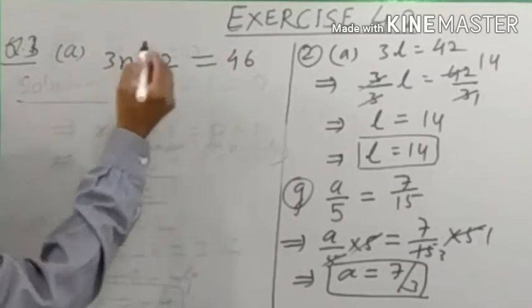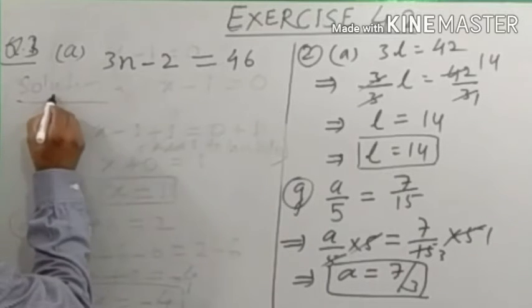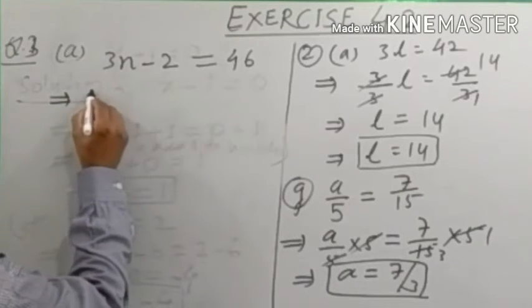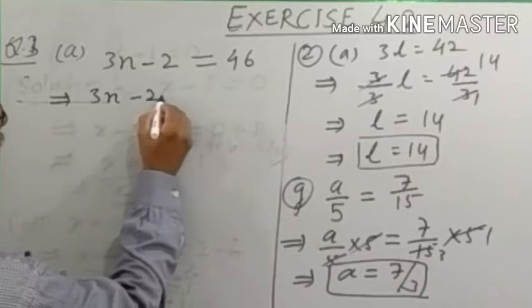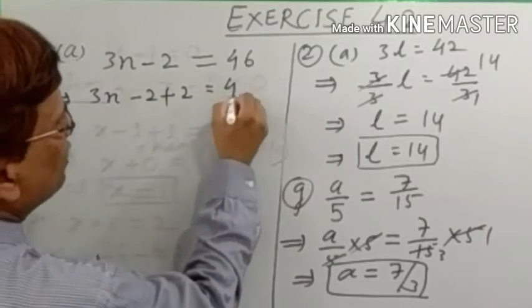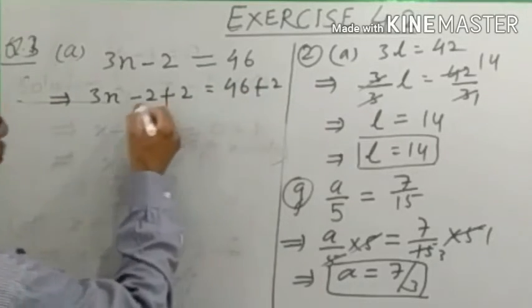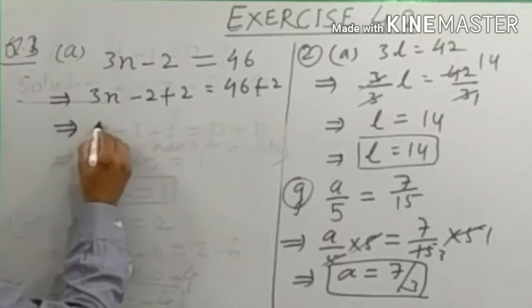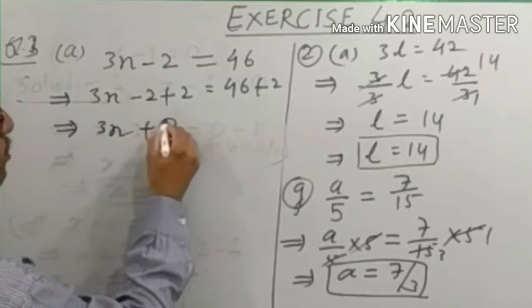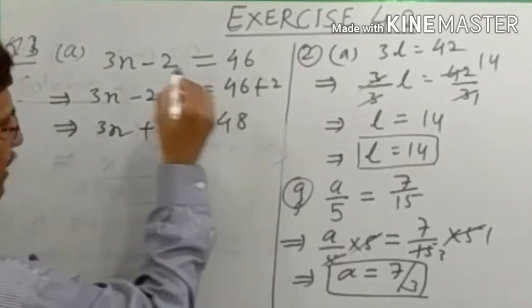First we have to remove minus 2 from the left hand side, so we have to add 2 to both sides. 2 minus 2 is 0. 3n plus 0 is equal to 48.